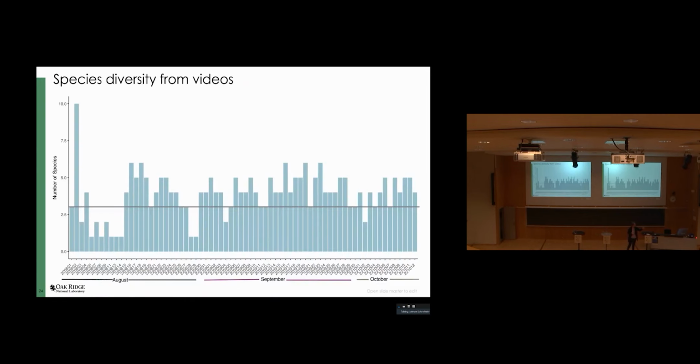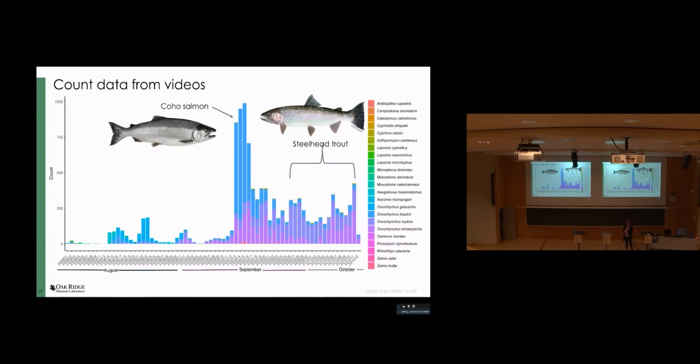We analyzed videos all the way from August 1st through September 31st and counted the number of species that were in the videos. What you can see is it's relatively normalized, in that about three or four species pass through the ladder, but the composition of the species changes.